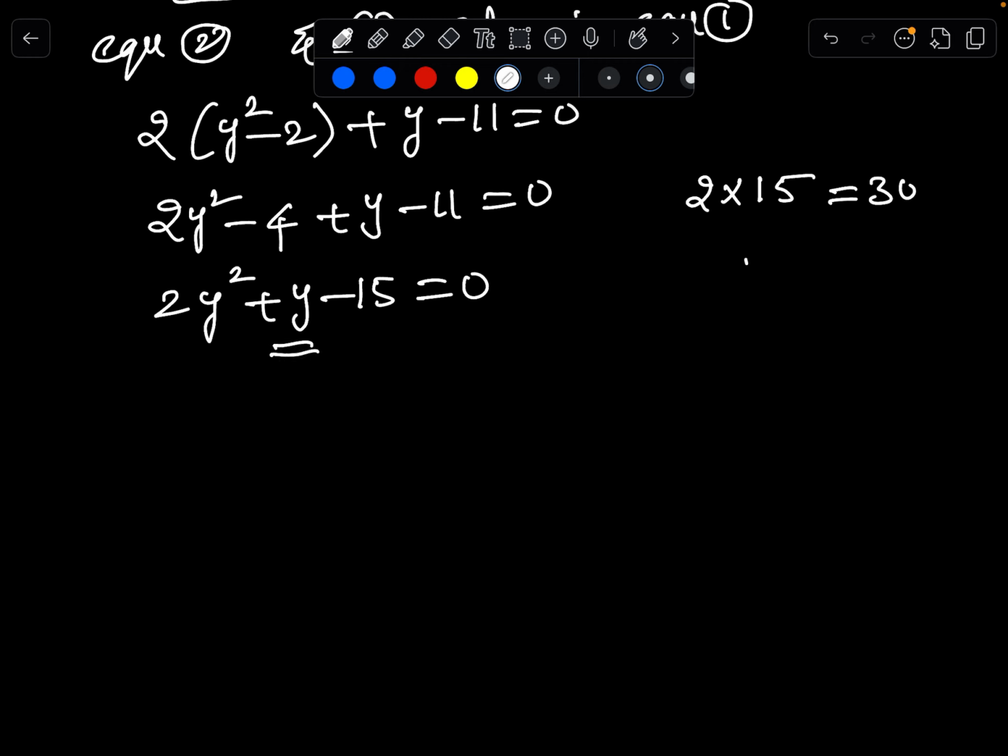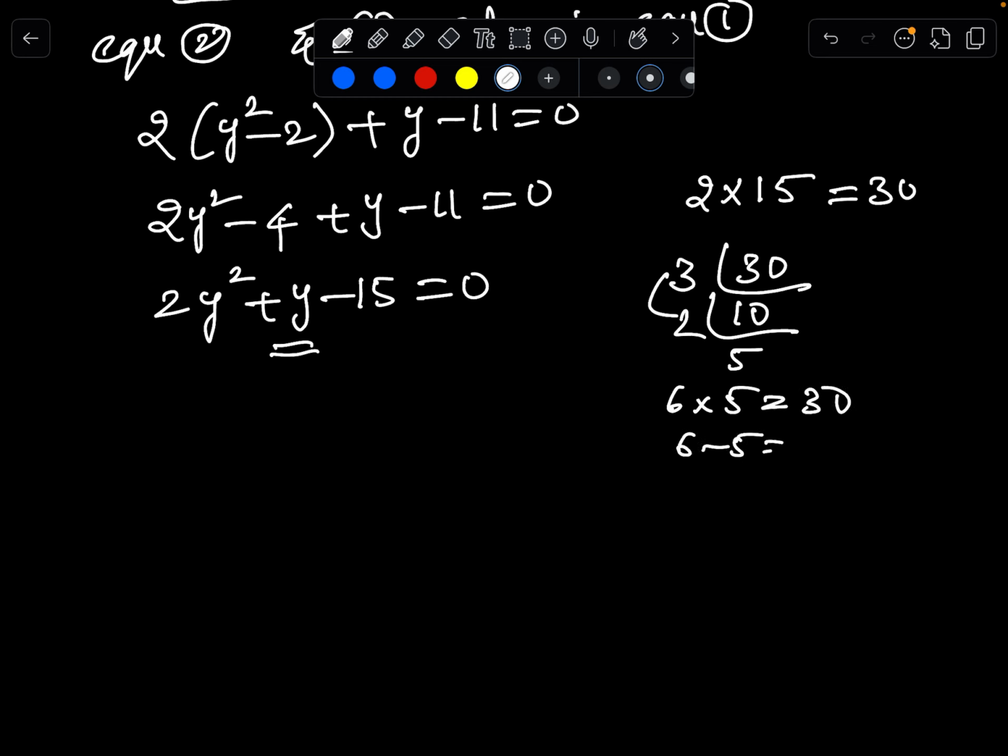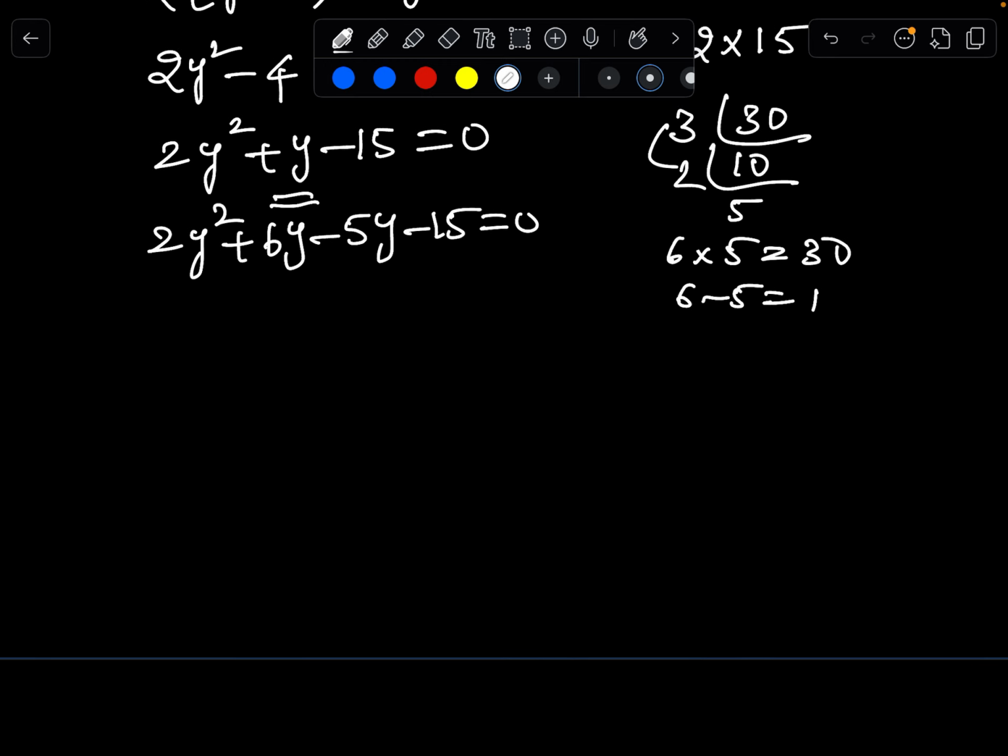How to get it? Prime factorization of 30: 3 tens are 30, 2 fives are 10, 3 twos are 6, 6 fives are 30. So 6 minus 5 equals 1. So we can write 2y square plus 6y minus 5y minus 15 equal to 0. In the first two terms, taking 2y common: 2y of y plus 3.